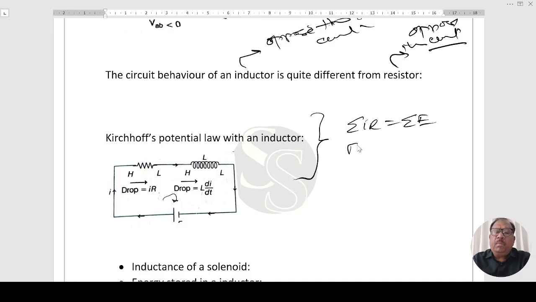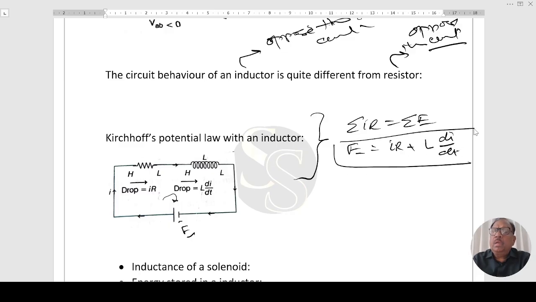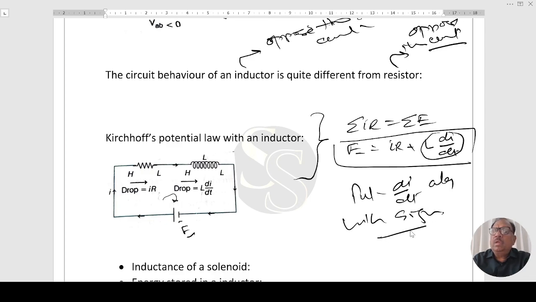So E will be equal to IR plus L di by dt. This is the EMF drop across the inductor; put di by dt along with sign. If it is positive, put positive sign. If it is negative, negative sign.